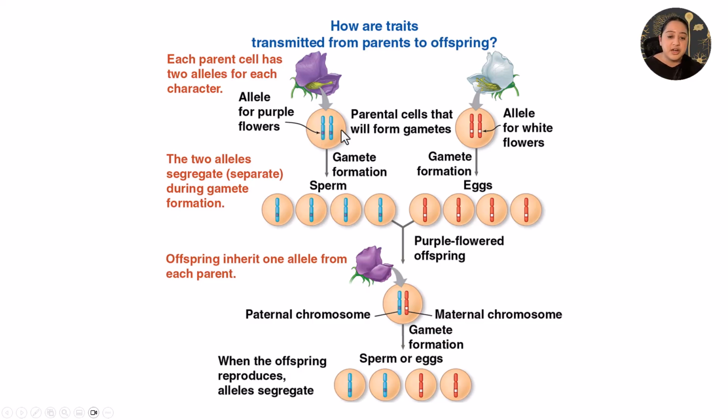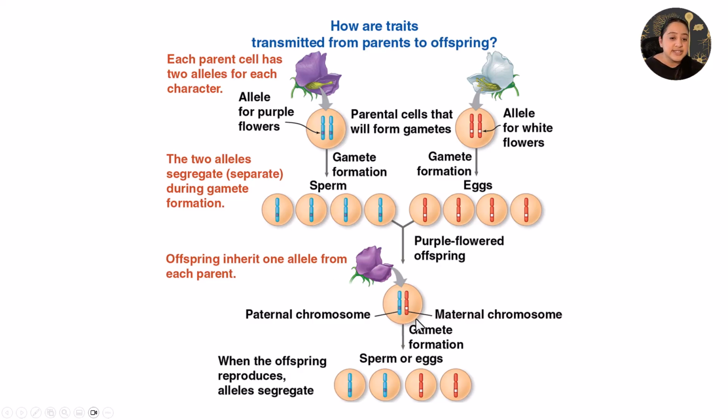But we've learned how chromosomes separate during meiosis, right? And then during fertilization, gametes come together to form a new organism, or a zygote.